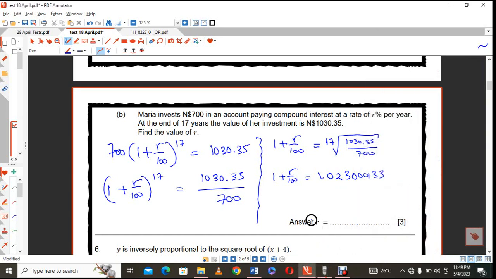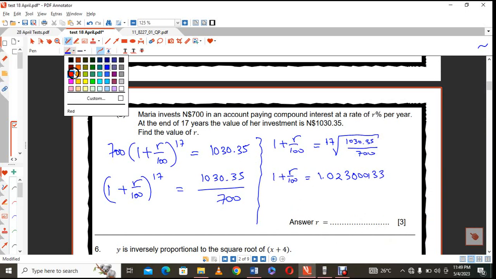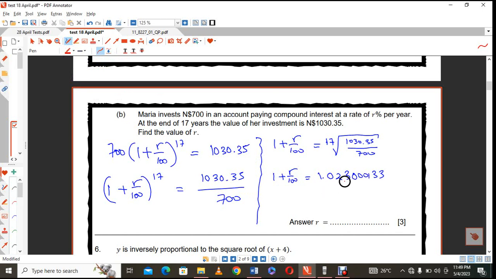So we are now going to subtract 1 from both sides because we have that -1 here, -1 here. So R over 100 is going to be 0.023 and so on. The next step is to multiply both sides by 100 in order to get the R alone.